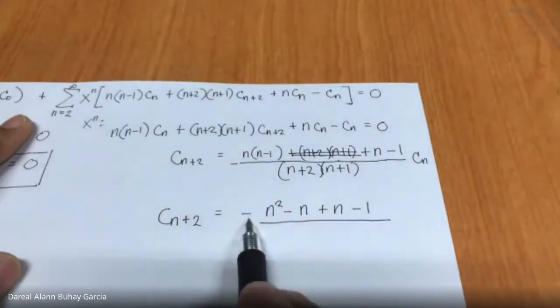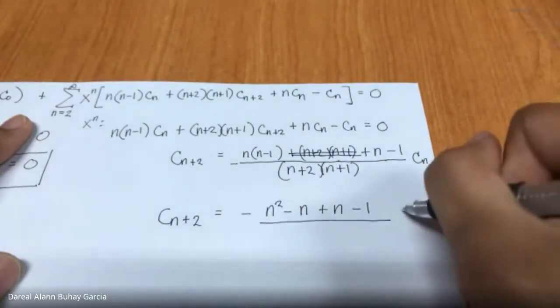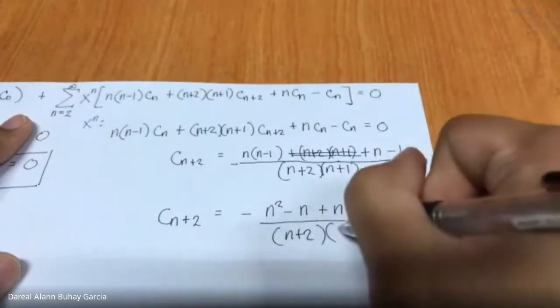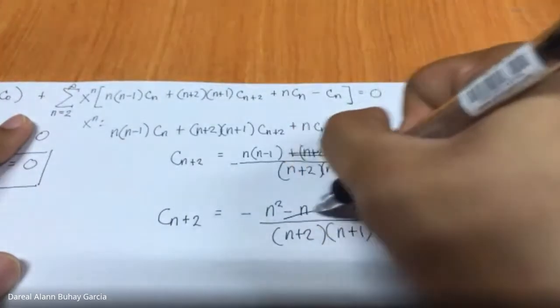So, negative sa tanan ni siya. I mean, na siya parenthesis dapat dili. Mawala ni.